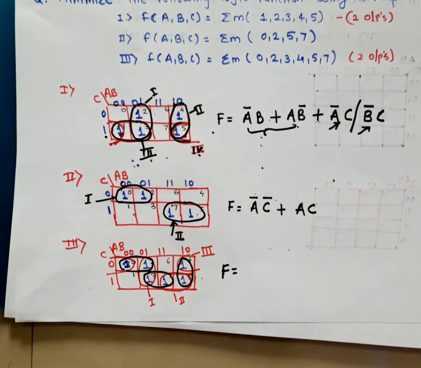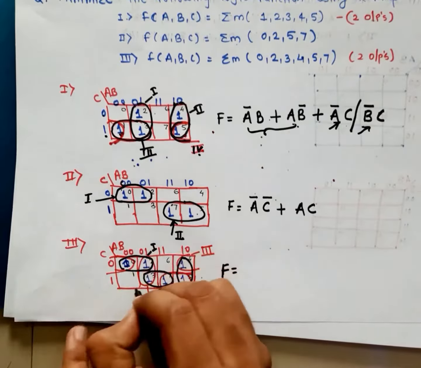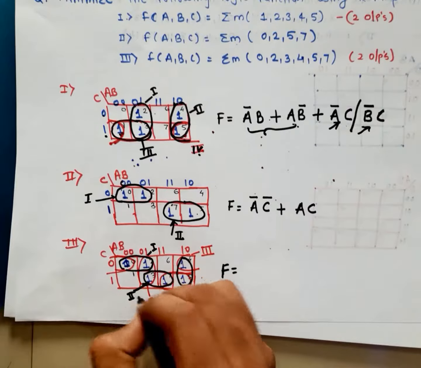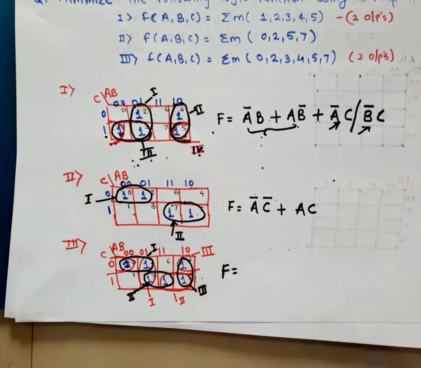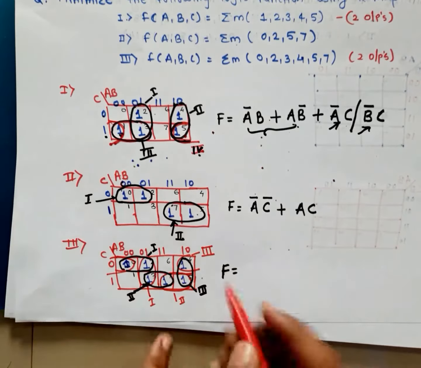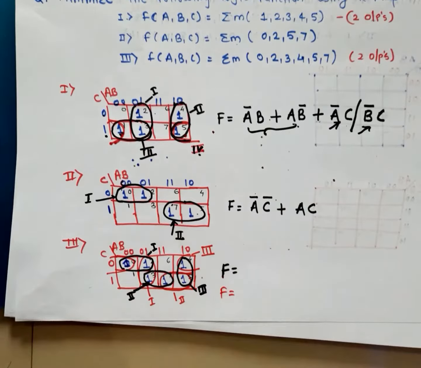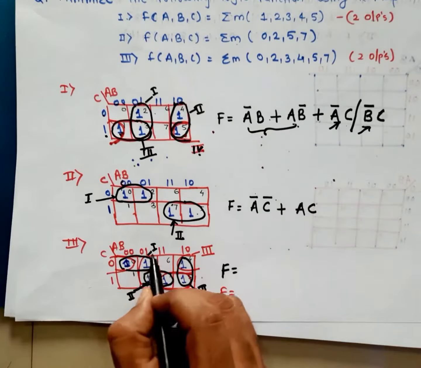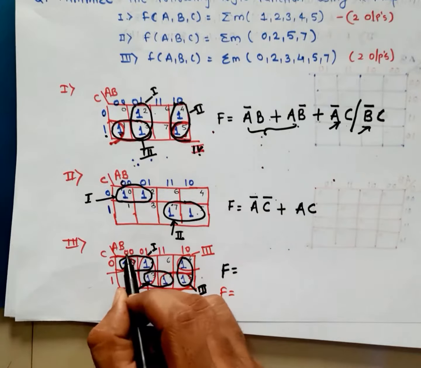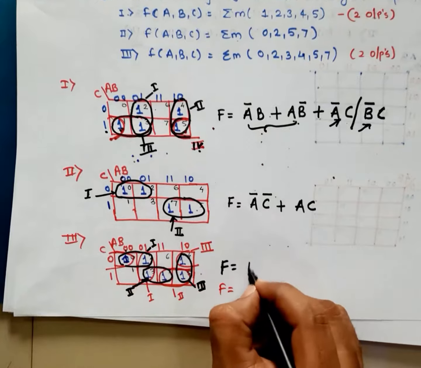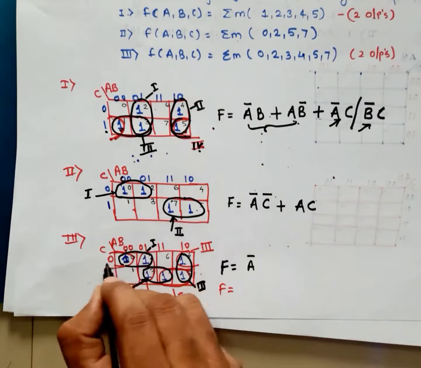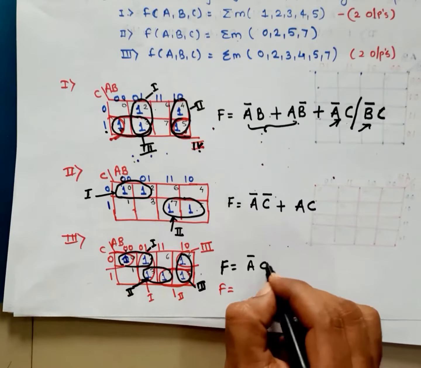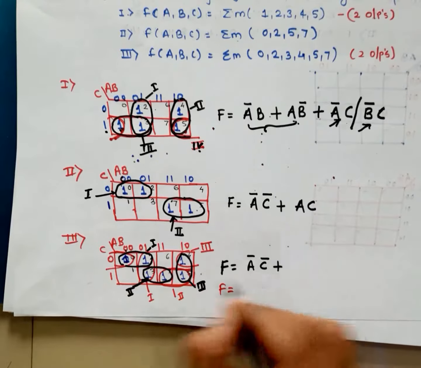So I am writing, 2 output equations you can write. For the first black group, the value of A is 0, so A bar, 0 1 gets eliminated, and the value of C is 0, that's why C bar.